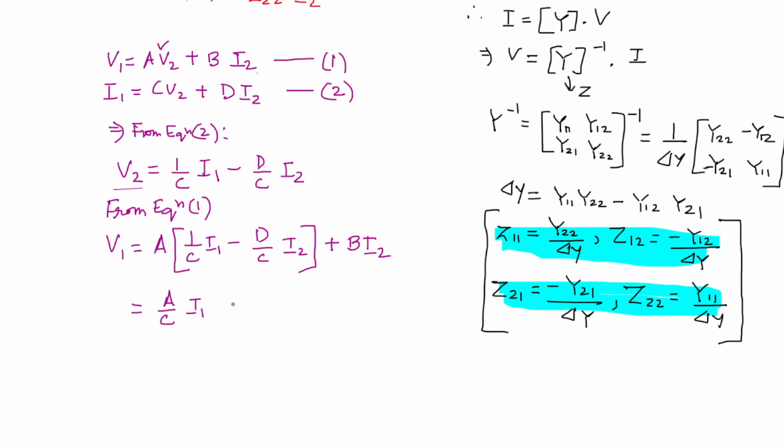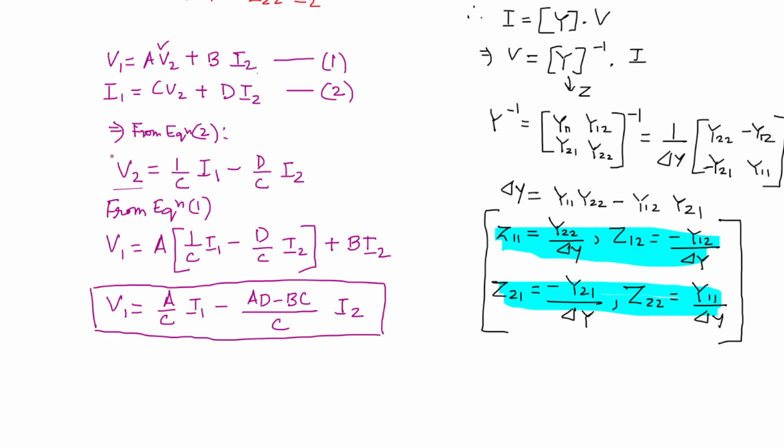Then if you take I2 common, then it will be AD minus BC by C into I2.